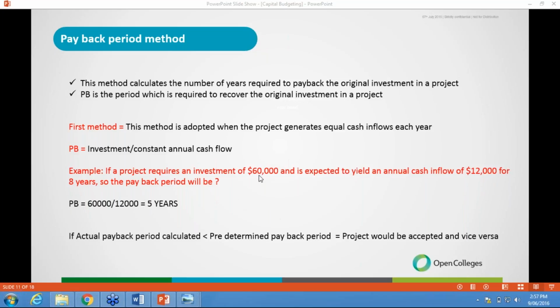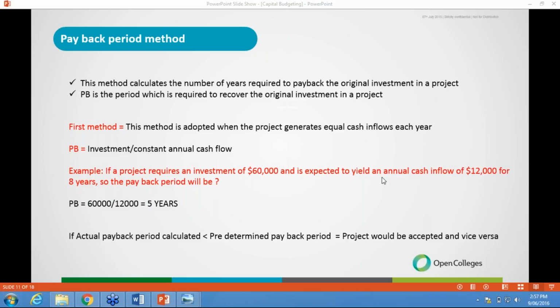In this example, you are spending 60,000 at present, and your plan is that annual cash inflow will be 12,000. So in how many years will you get 60,000 back? 12,000 per year, right? 12, 12, 12. So in 5 years, you will get your original investment back. And after that, all your profits. So the payback period means the number of years required to pay back the original investment. That was a simple example.